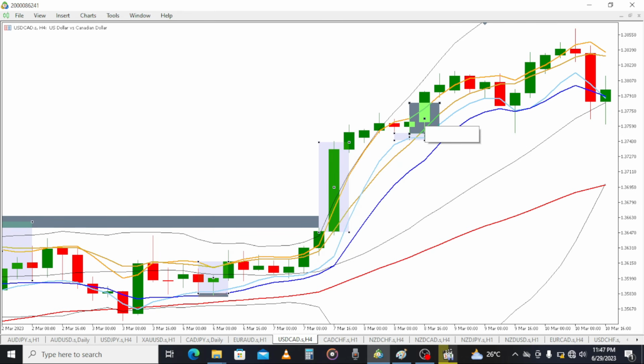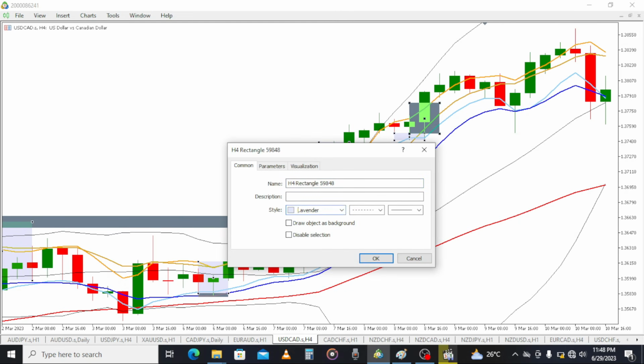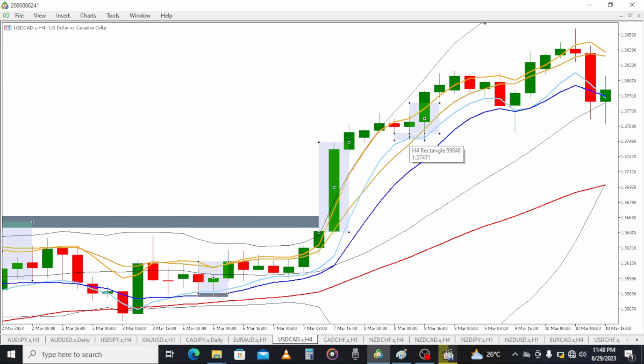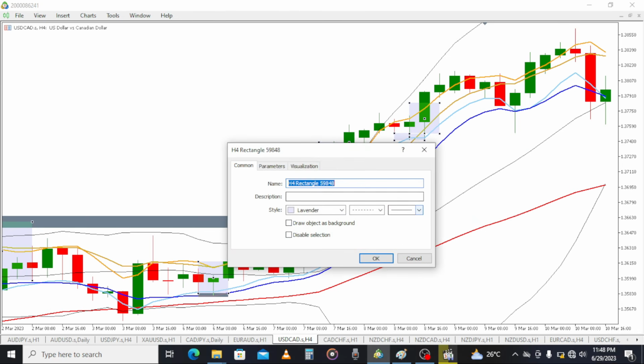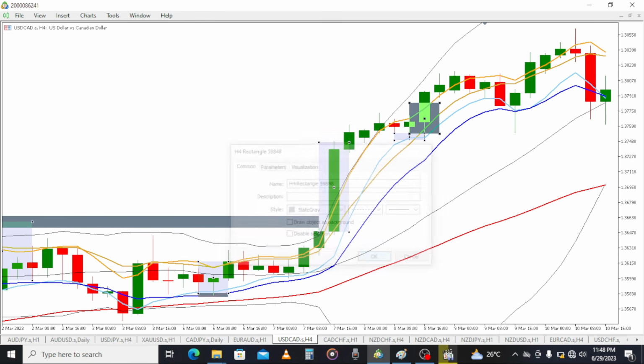Now, as we can see that price always repeats itself from momentum to re-entry to momentum to re-entry. It's just for you to know the certain conditions that you're going to trade on and the certain cases that you want to focus on to be able to enjoy this strategy.